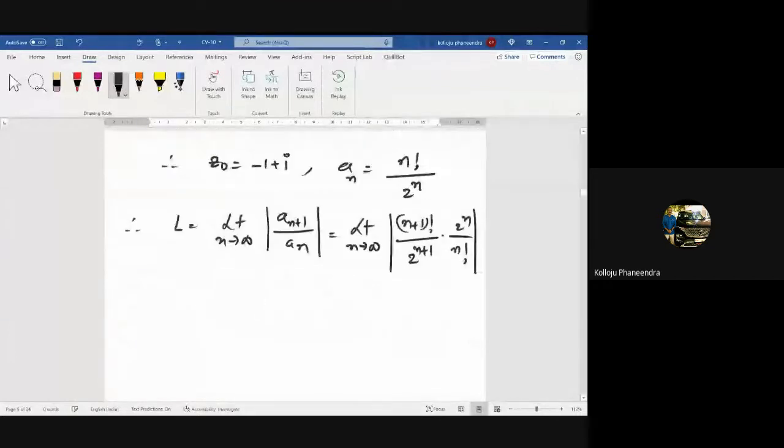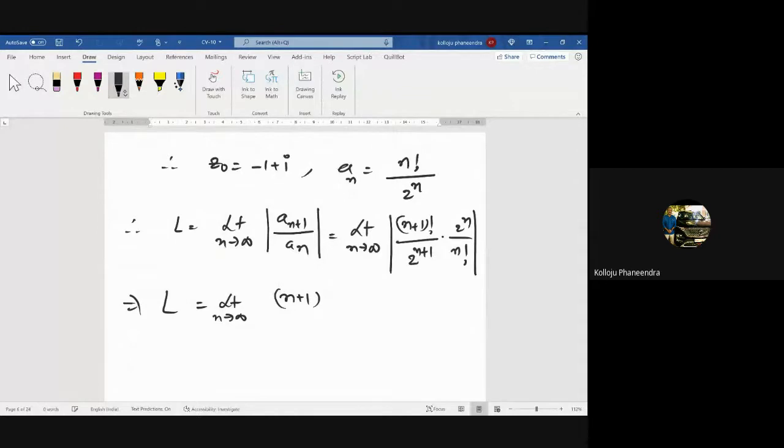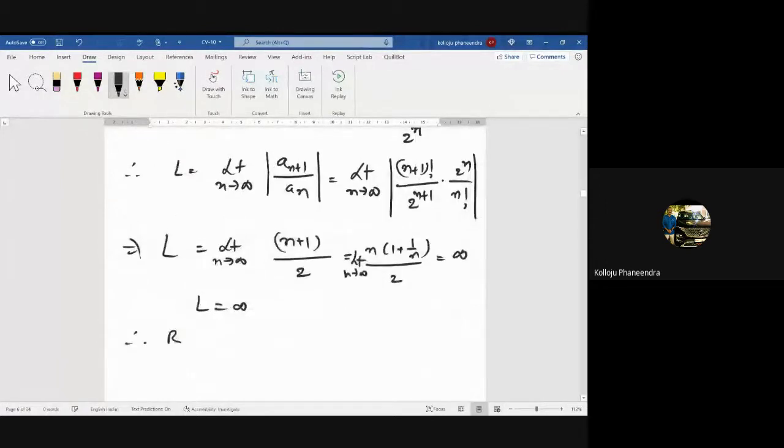After simplification, (n+1) will be there in the numerator, n factorial gets cancelled, and by 2 will be there. Is it correct? Even if I take n common, because n tends to infinity, this goes to infinity. Therefore, L equal to infinity. Therefore, what is the radius of convergence?